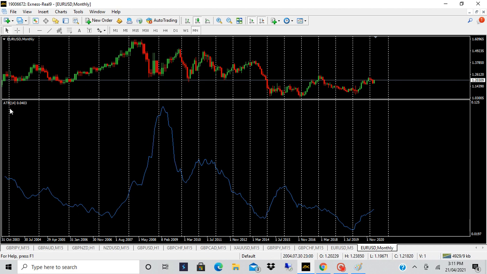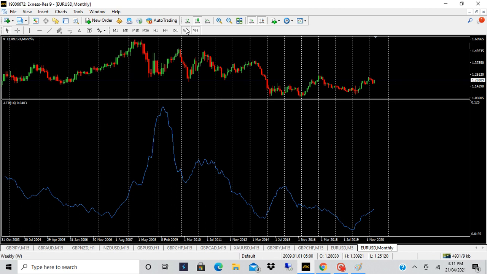So for the month, on the ATR for the past 14 months, that is what the 14 stands for, there's an estimated value of 0.0403, which is 403 pips estimated for each month. The EUR/USD pair has moved an estimated 403 pips for the past 14 trading months.